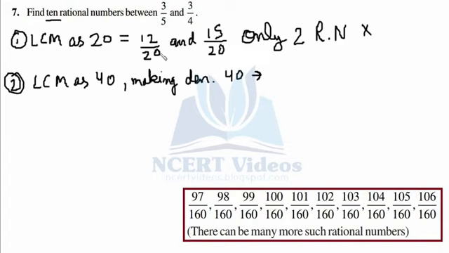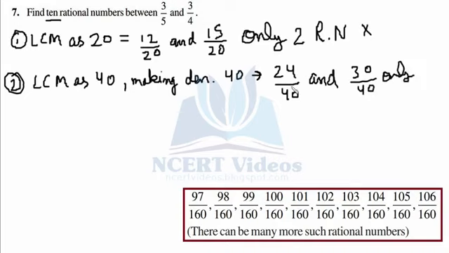So we just multiply it with 2. So 12 2s are 24, 20 2s are 40, and 15 2s are 30, and 20 2s are 40. Again, how much rational numbers we get? Only, count it, 25, 26, 27, 28, 29. Only 5 rational numbers. We will not consider this case as well.